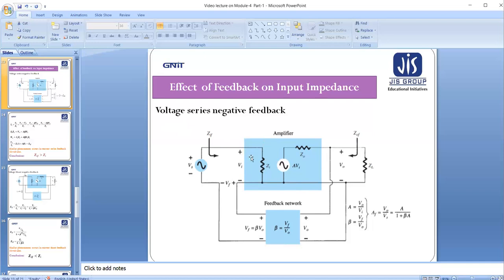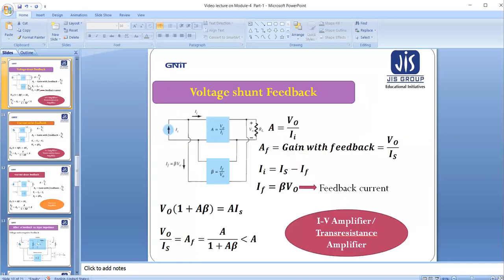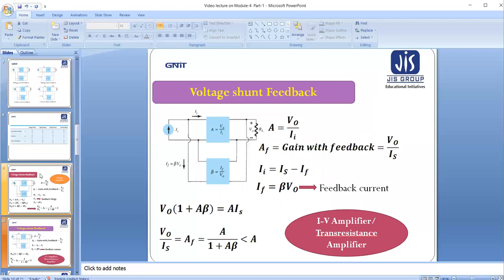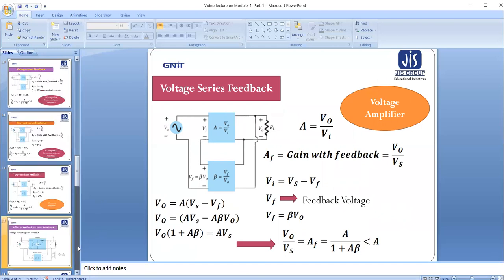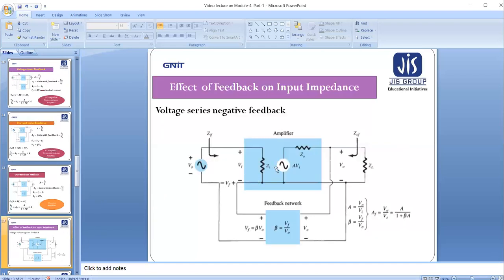The amplifier is represented by a voltage amplifier, because in our previous slide, when we discussed the voltage gain of the voltage series, I mentioned it is a voltage amplifier. That means this amplifier is nothing but a voltage amplifier, and the equivalent circuit of any voltage amplifier looks like this: it has an input resistance Zi, and there is a voltage source connected to a series output resistance.